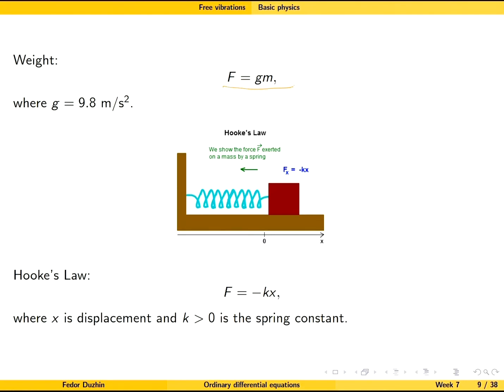One example of that law is that the weight is the acceleration due to gravity times mass. Another example of this is Hooke's law. In Hooke's law, the force acting on an object attached to a spring is proportional to the displacement of the spring.